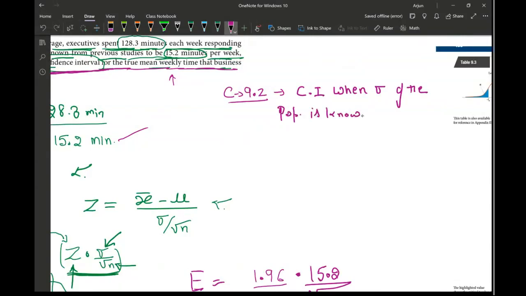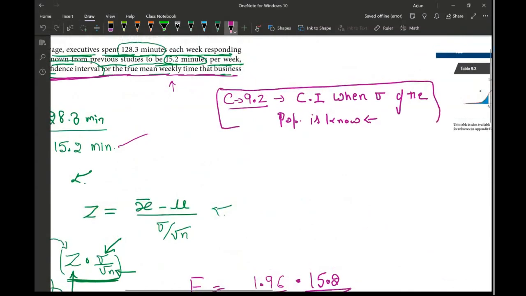So to solve these kinds of questions, we need to have the population standard deviation given to us. Because, as I told you earlier in the beginning, we are making a prediction about the population. So if I know the population standard deviation, it means in the background I have some sort of data. In reality, it's very hard to have the standard deviation of the population.